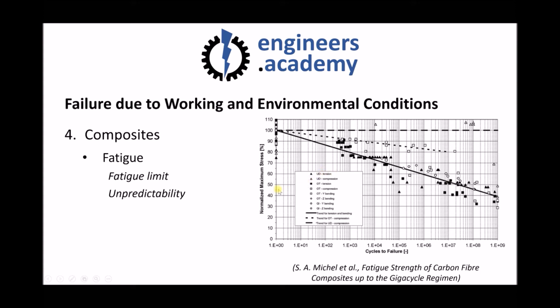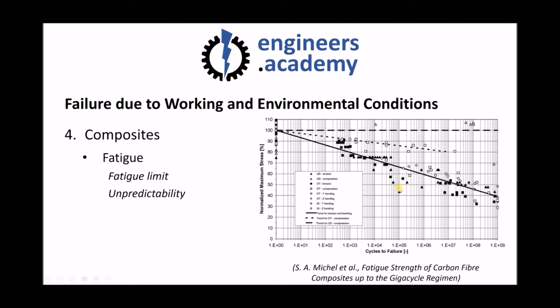So at 45%, moving right, we see during one test, the material failed in 1 × 10⁵ cycles, or 100,000 cycles. But we see in other tests that that material failed at closer to 1 billion cycles, 1 × 10⁹.